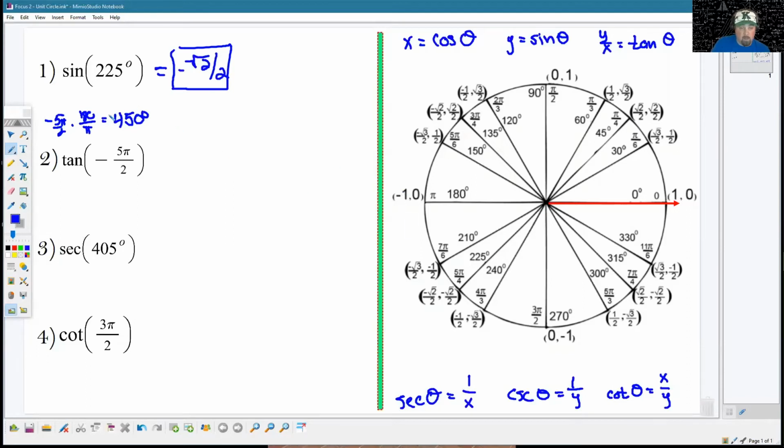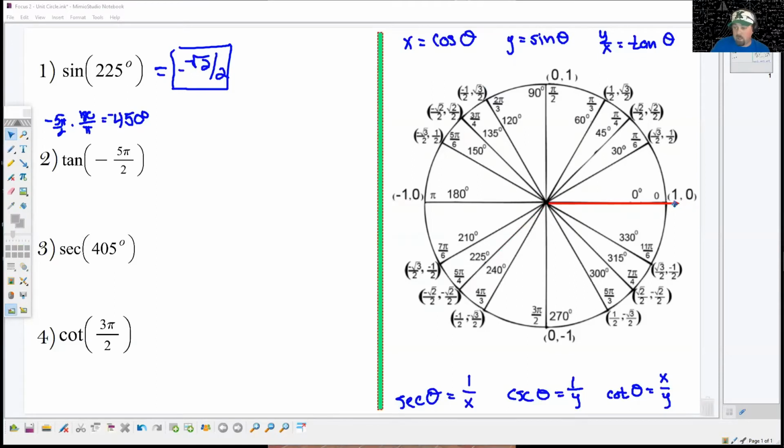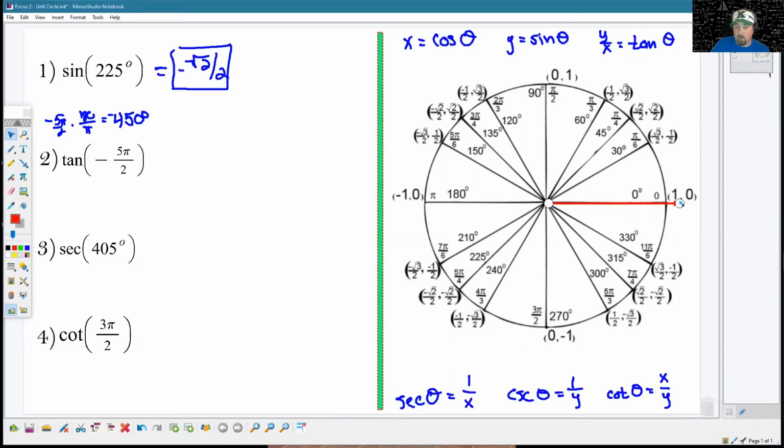And it's negative, so we're going to go backwards 360 and an extra 90-degree rotation. I'll do that again: negative 90, negative 180, negative 270, negative 360, negative 450 points us at that point right there.